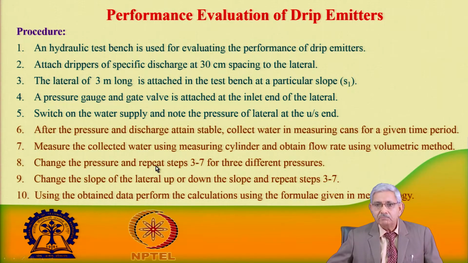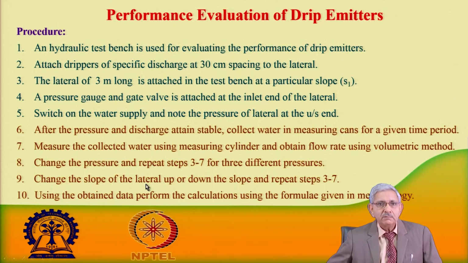And normally there are pressure compensating drippers, but the majority of the drippers are non pressure compensating type. They are attached with the lateral pipeline, and then the different pressures are changed.